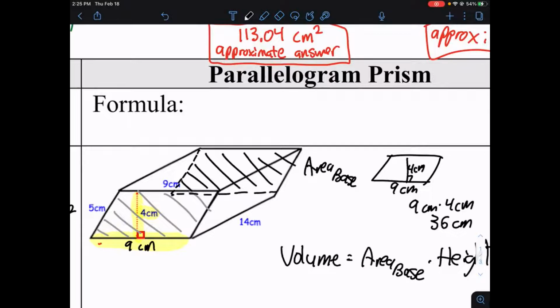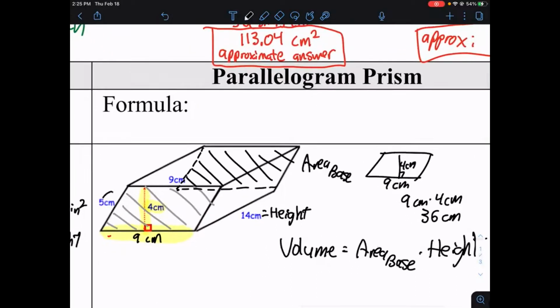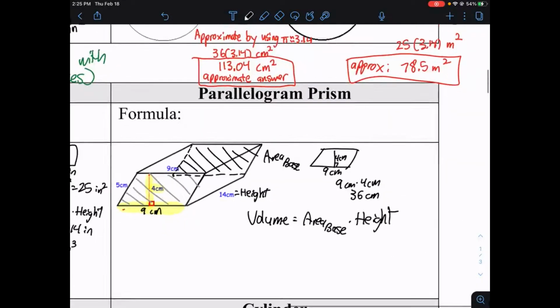To connect the front to the back, the distance between them is the 14. So the 14 is the height. The 5 is never going to be used. The 5 is a diagonal distance. It doesn't have a right angle.